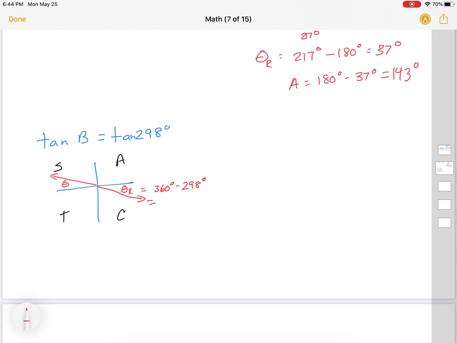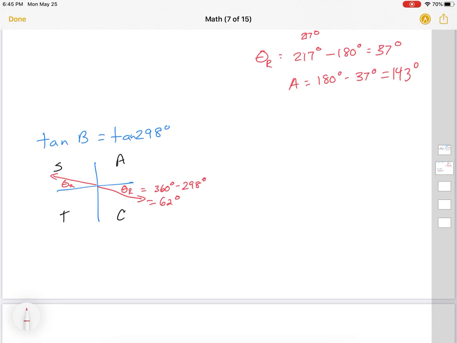The reference angle here is 360 minus 298. No, it's not that, I was looking at the wrong one. It's equal to 360 minus 298. Why don't I just do that math? 360 minus 298 is 62 degrees. So that's the reference angle there.